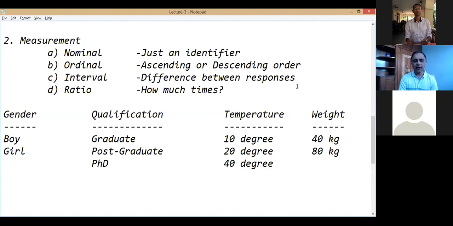Open-ended can further be categorized into two heads. One is called quantitative, the other is called qualitative or textual. If I ask you, what is your age? I expect you to answer like 32, 35, 40. But you should not answer, I am old enough. I asked you a question, what is your age?